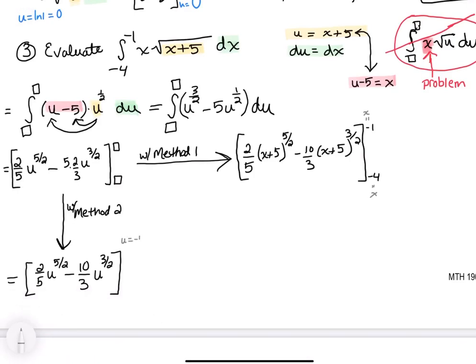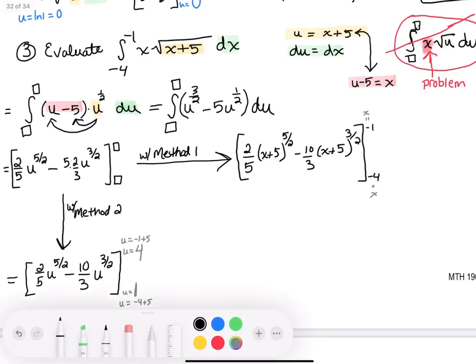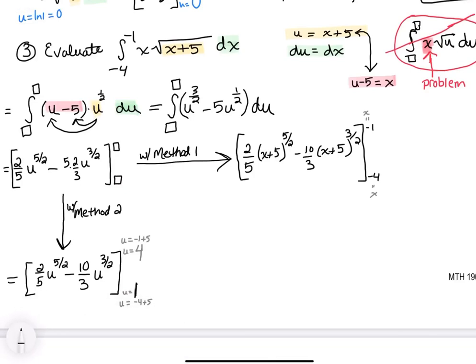So on the first one, -1 plus 5 tells me my upper limit of integration is going to be 4. And then my lower limit of integration, again, u is equal to x plus 5, so -4 plus 5. And so this tells me that my lower limit of integration is going to be 1. Okay, so those are my upper and lower limits.